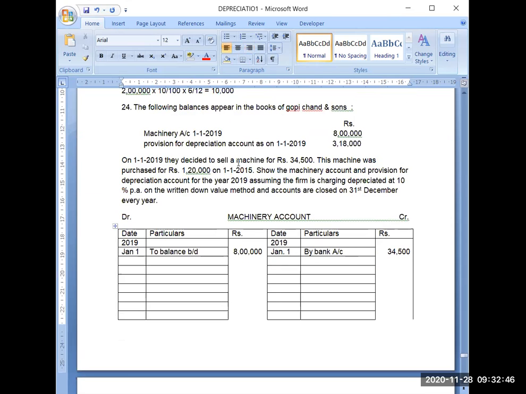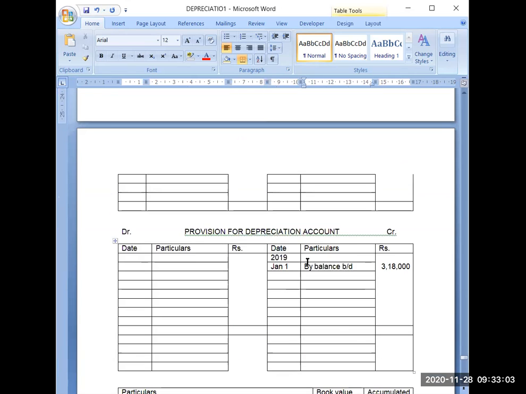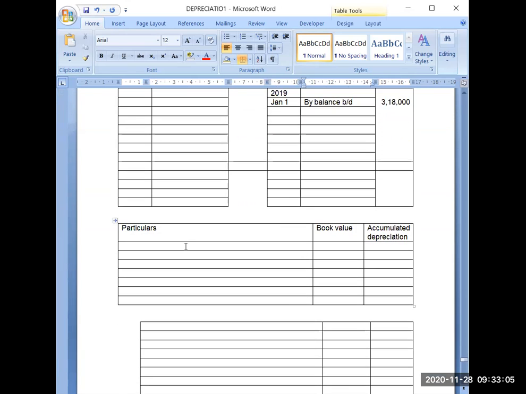The method of depreciation is 10% per annum on written down value method. I need the total depreciation charge on this machinery from 1/1/15 to 1/1/2019, only then I will be able to complete this question. And because it is written down value method, I have to calculate it in detail.